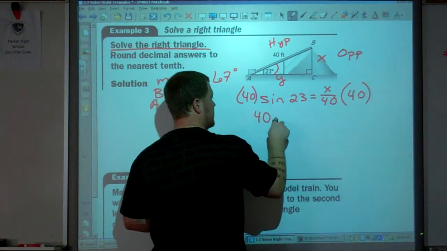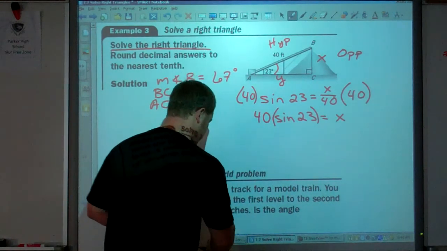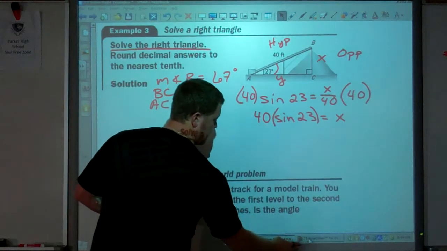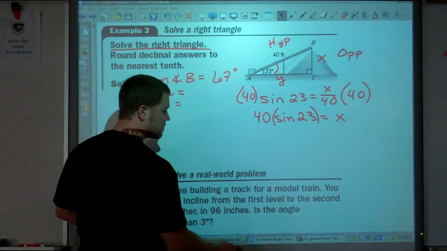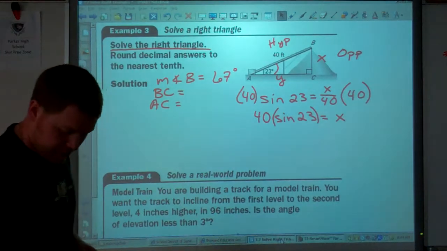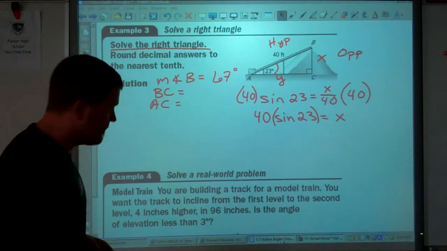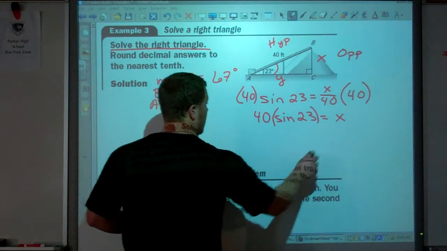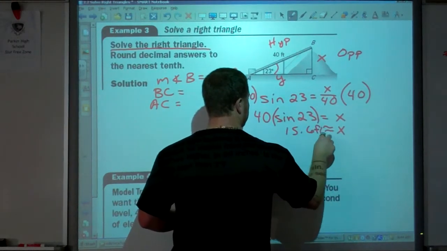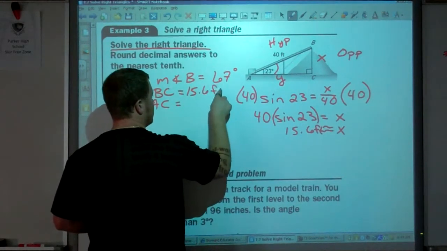So 40 times the sine of 23 equals X. So on your handy dandy calculator, I'll do it on my calculator here. 40 times the sine of 23. 15.6. X is about 15.6 feet. And X is length BC, so 15.6 feet.